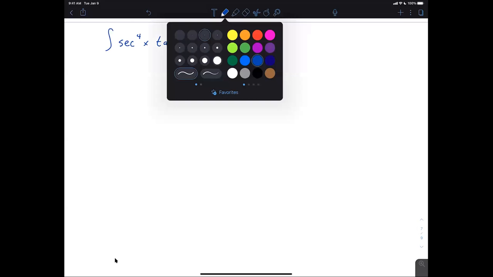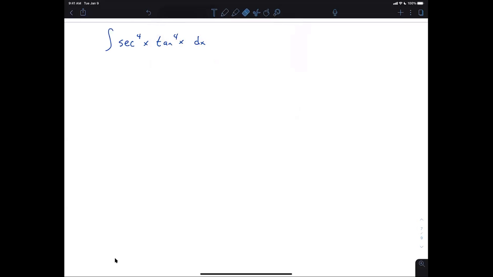For these, you should think through two possibilities for the easiest setup. So we're either going to let u equal secant or u equal tangent. And hopefully one of those works. Sometimes they both work. Sometimes only one of them works. Sometimes neither of them work. And then if neither of them works, it's different from problem to problem. You do not do the same thing every time.